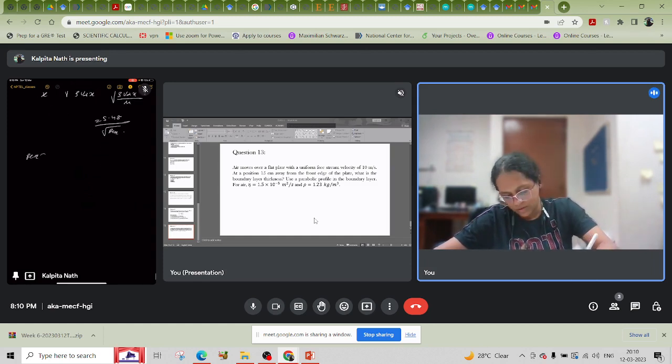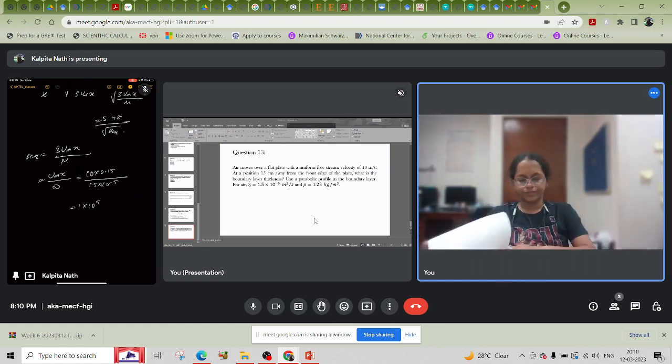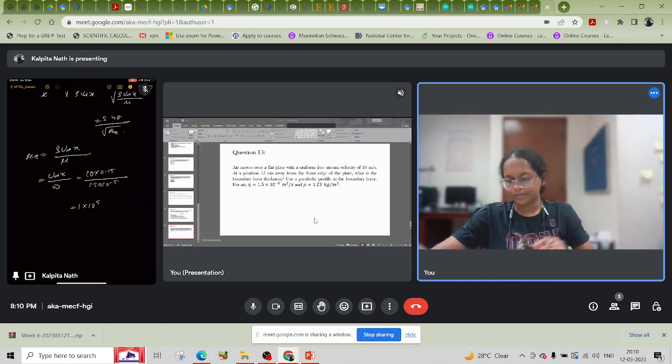Now Reynolds number is equal to rho u infinity x by mu, that is, u infinity x by nu, 10 into 0.15, 1.5, divided by 1.5 into 10 to the power minus 5, is 10 to the power 5. This is the Reynolds number.